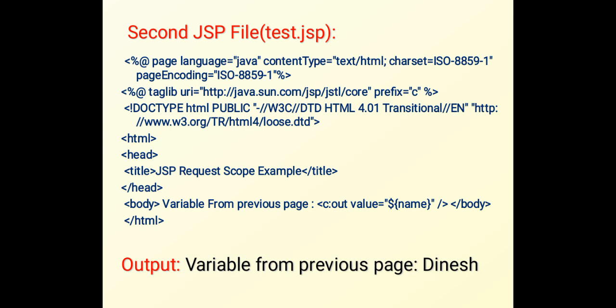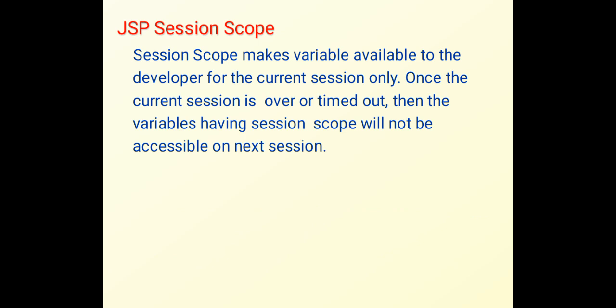The output will be "variable from previous page Dinesh". The output of the first JSP file would not be displayed because from the first file we are forwarding to the next file test.jsp. Therefore, this is known as the request scope of variable name on the next page.